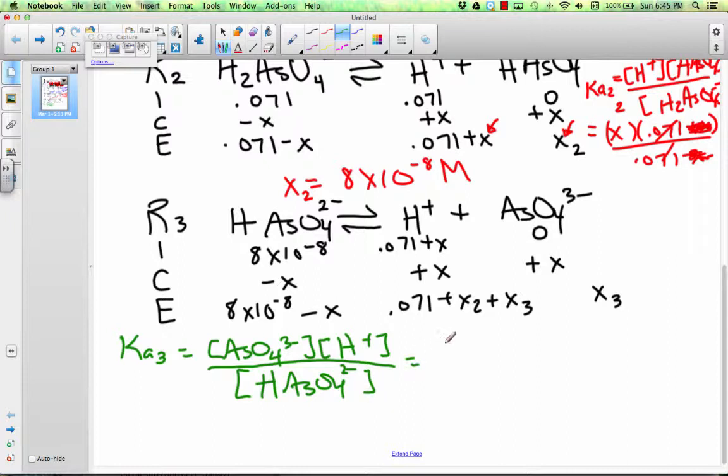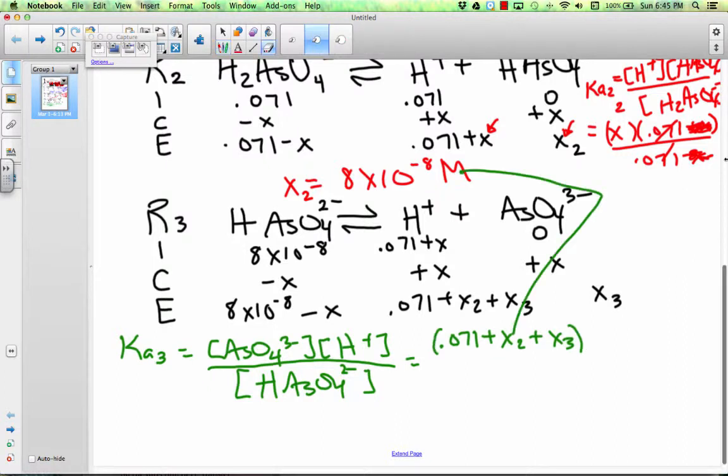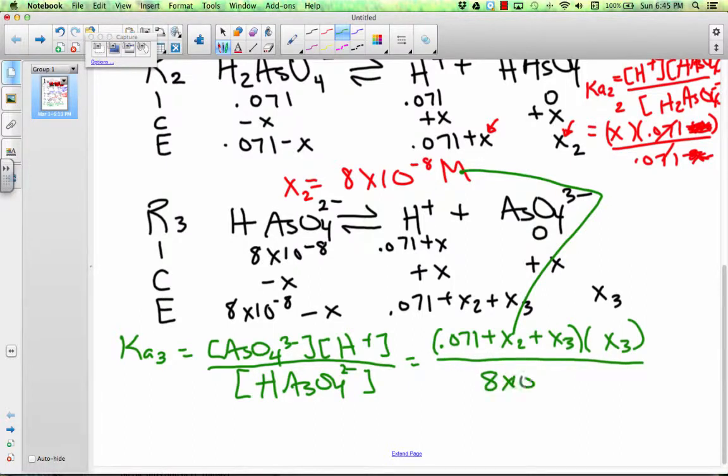So when I put my equilibrium values in, I get on top 0.071 plus my second X and my third X concentrations of both products, right? And then down here I have 8 times 10 to the minus 8 minus X. All right, and we set that equal to the value of my third dissociation constant, 6 times 10 to the minus 10.